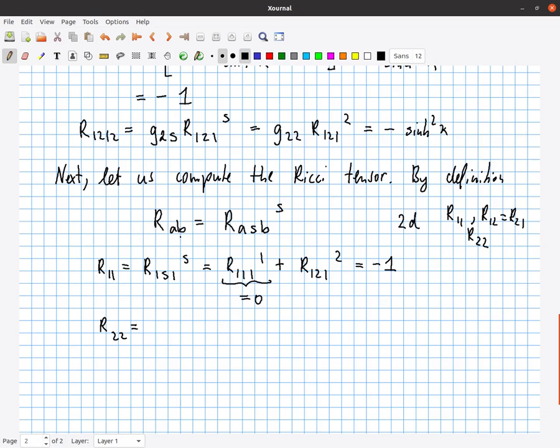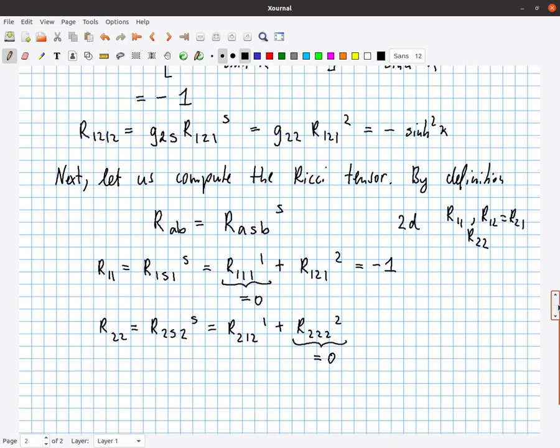Again, we begin with the formal definition. 2s, 2s. We sum s over the two index values 1 and 2. R2,2,2,2. As before, this object here is 0. The question is now, what is R2121?